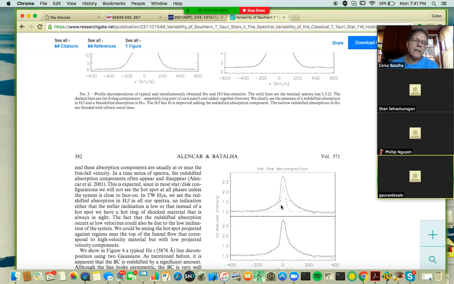One formed in the accretion flow, and another one more in the chromosphere. And then we saw if this accretion flow component would show any changes as time goes by, and then we would correlate those changes with other factors that we observed in other spectral regions.